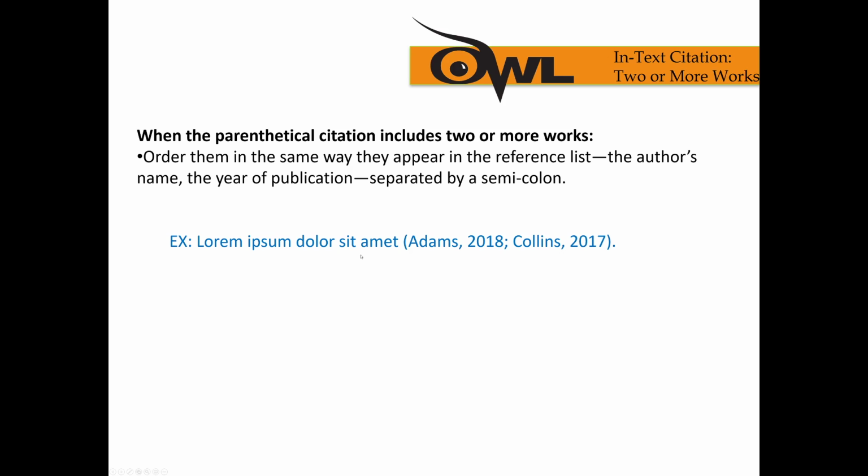If you have a fact or a piece of information that comes from several different places, then you might want to give credit to both of them. So here's an example. Adams and Collins both said the same thing. So we're going to give both of them credit and put both authors' names and years of publication within the same brackets, but separate them with a semicolon.